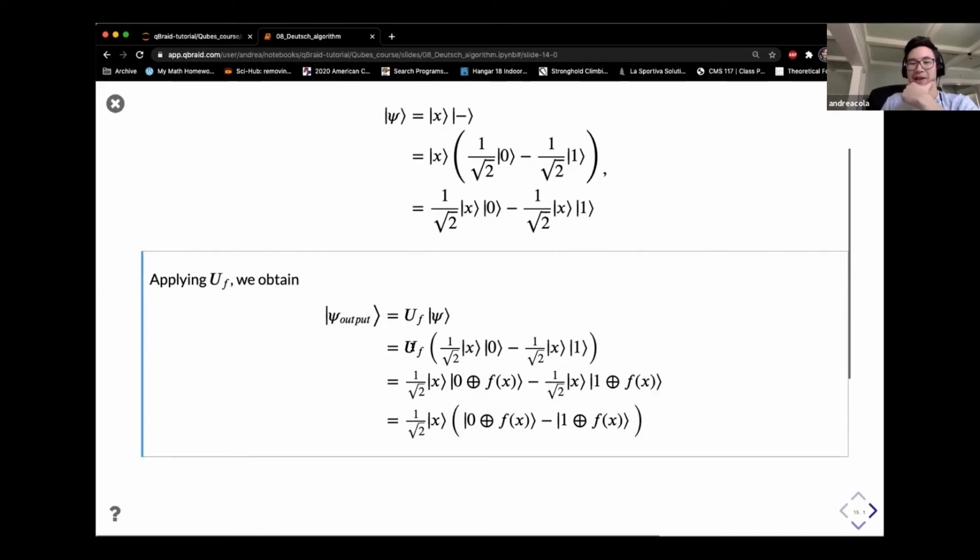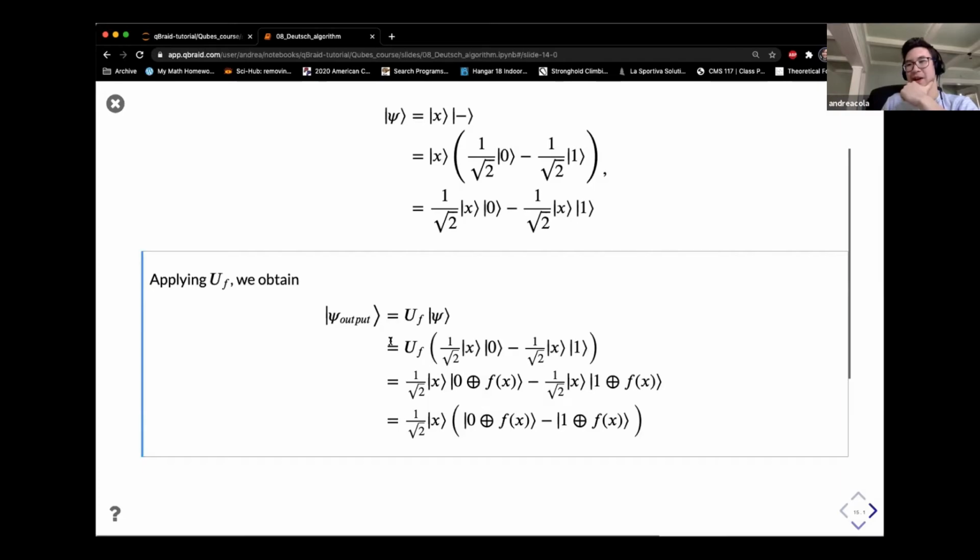Remember, by linearity, the expression in the second line is the same as applying UF to the first term, the x0 term, minus UF applied to the second term, the x1 term. This is just by linearity.